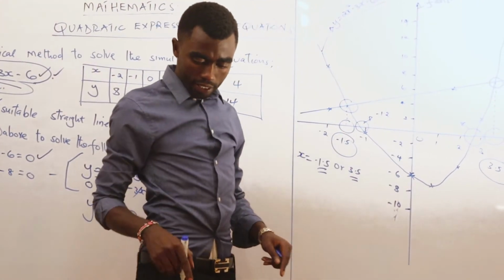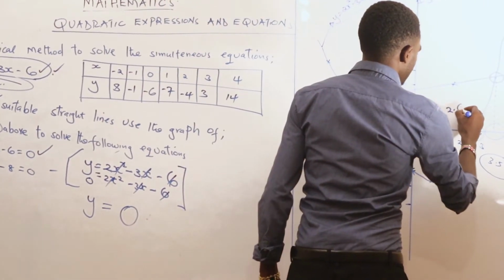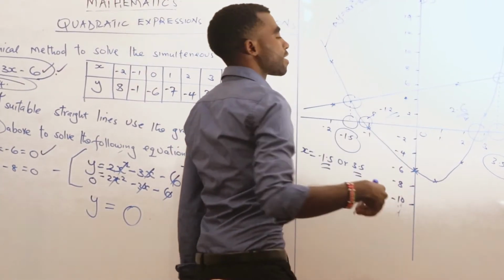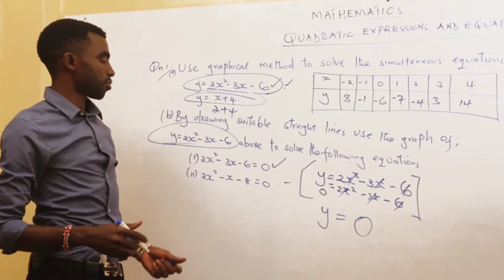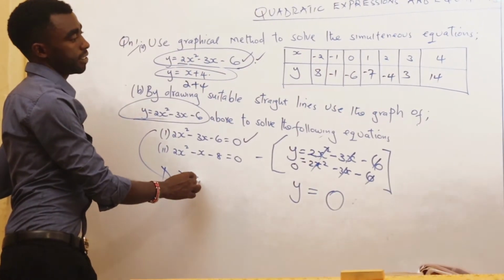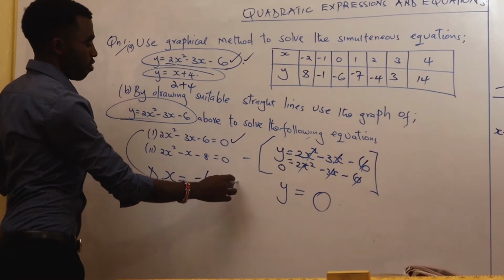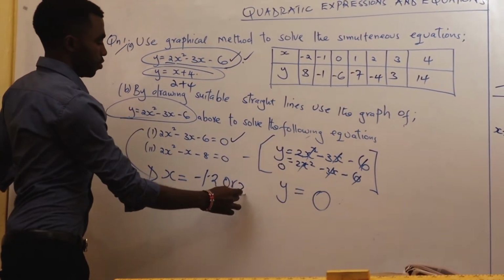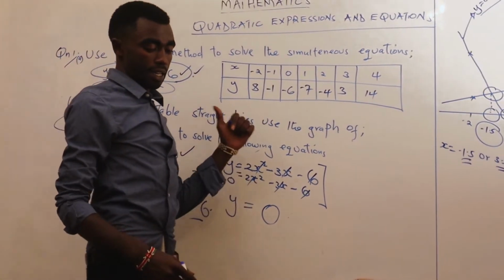In the positive side, it cuts at 2.6. So these are the solutions of this equation. So we can say x is given as negative 1.2, or it is given as 2.6. That is the solution for the value of x in that case.